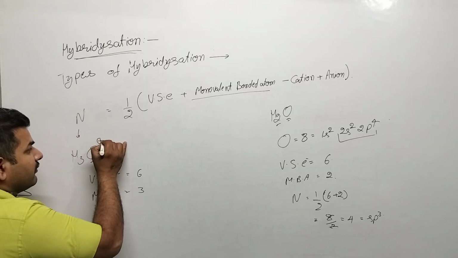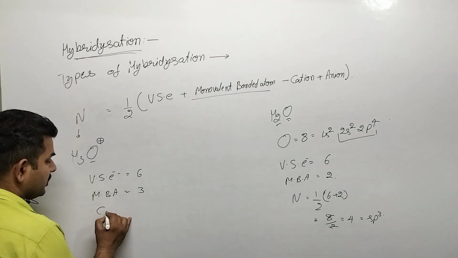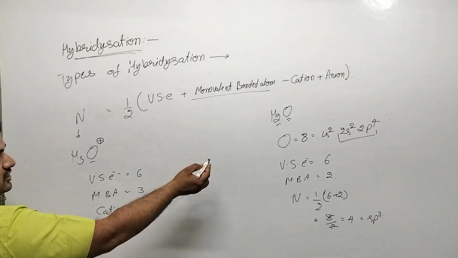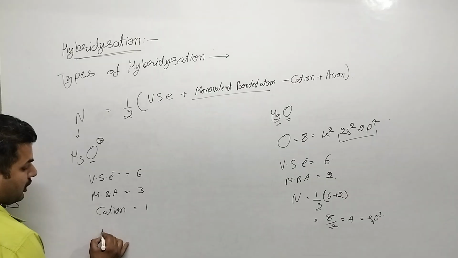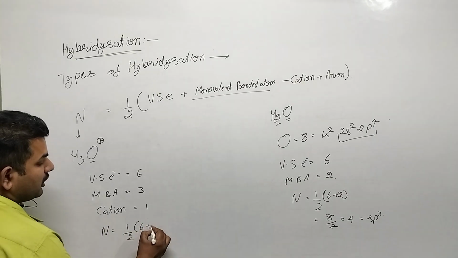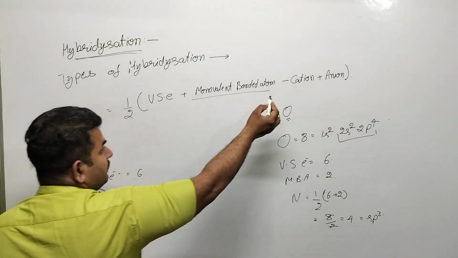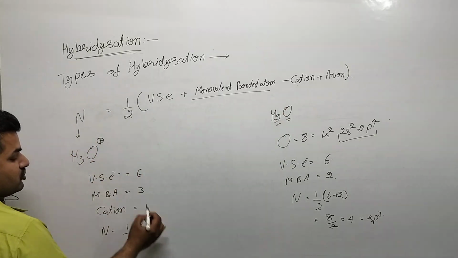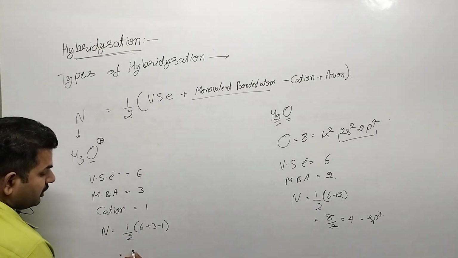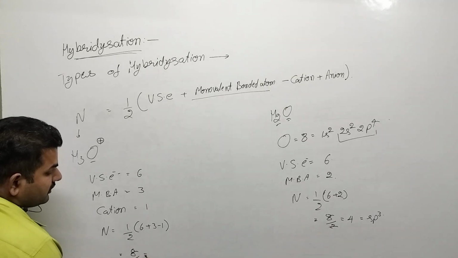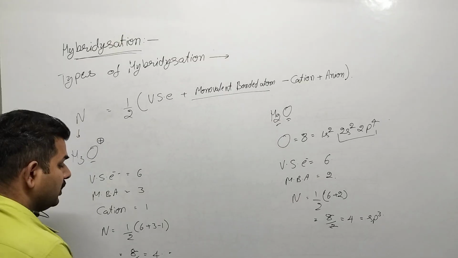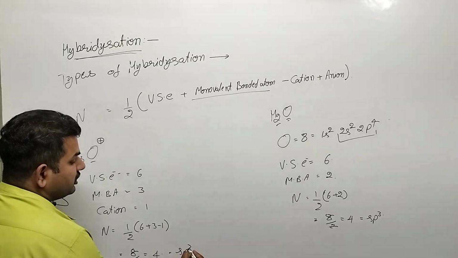But here we have one positive charge, so the cationic charge is 1. As per the formula, the number of hybrid orbitals is 1 by 2 into valence shell electrons plus monovalent bonded atoms, and the cationic charge is subtracted: 6 plus 3 minus 1 is 8 by 2. That means the hydronium ion also contains 4 hybrid orbitals, and that is sp3 hybridization.